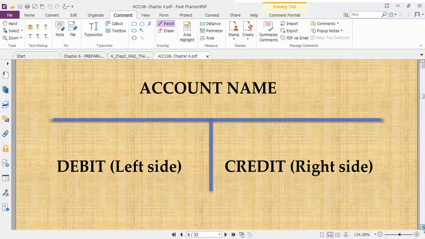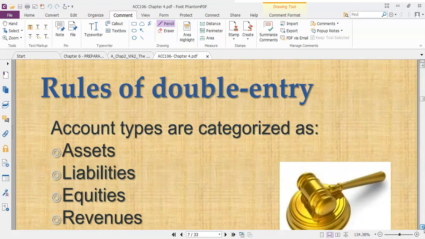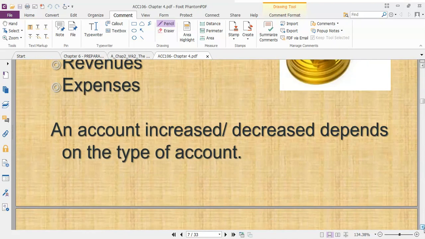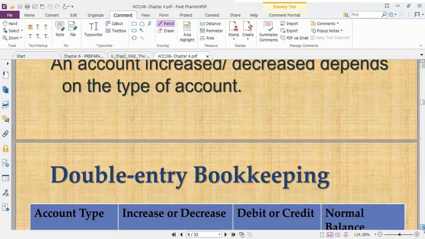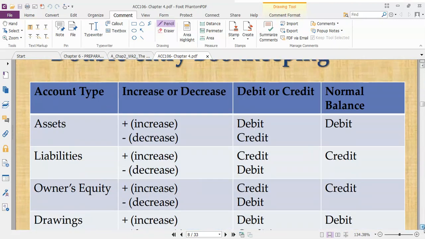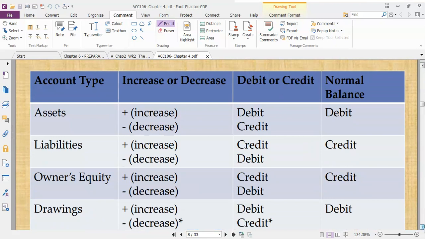Ni rules dia increasing, decreasing macam tadi. Asset, increase debit, decrease credit. Normal balance: kalau asset, dia akan ada balance amount dekat sebelah debit.